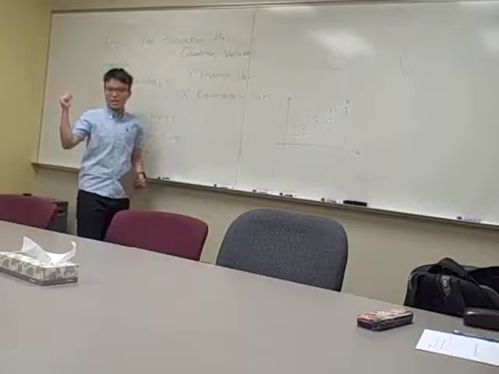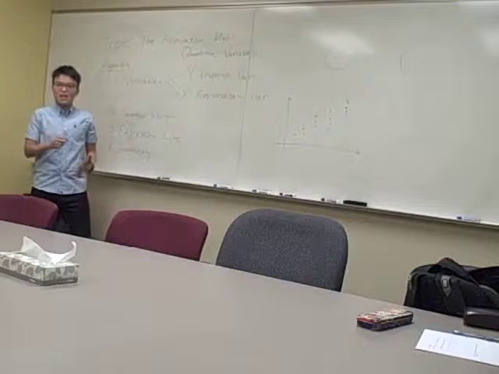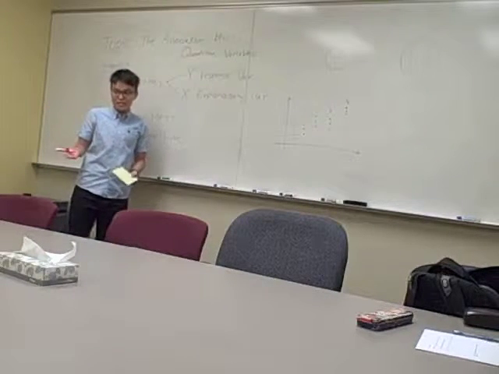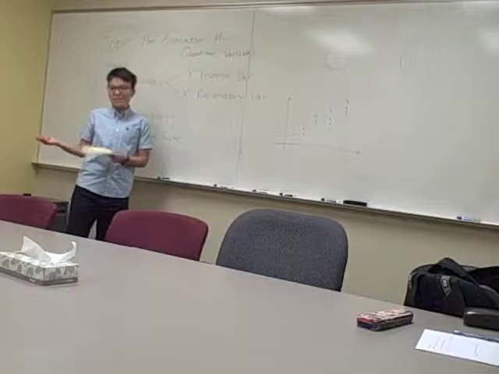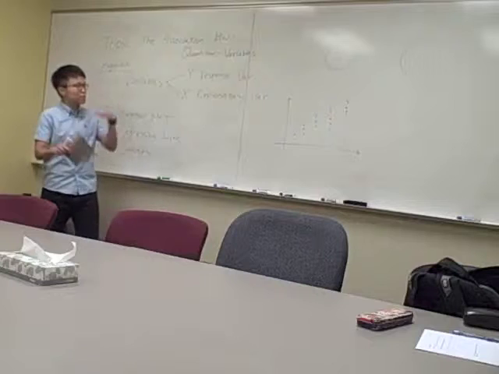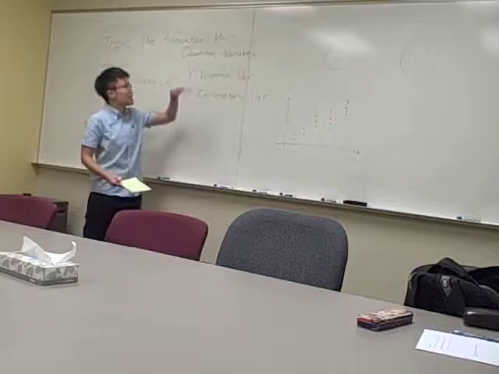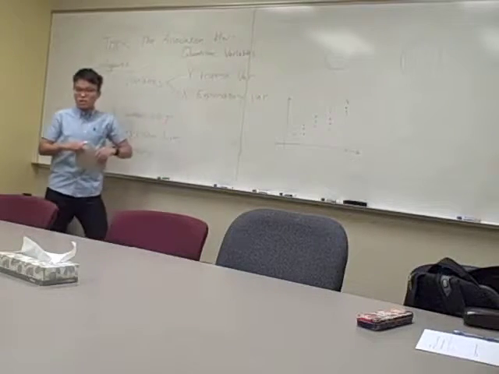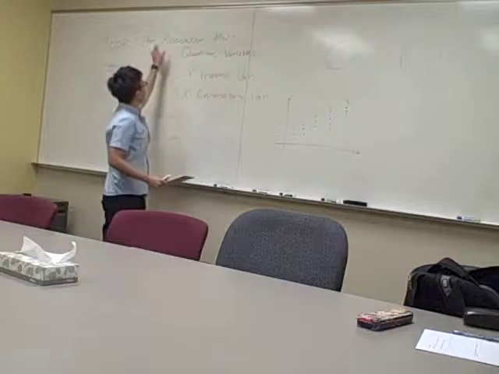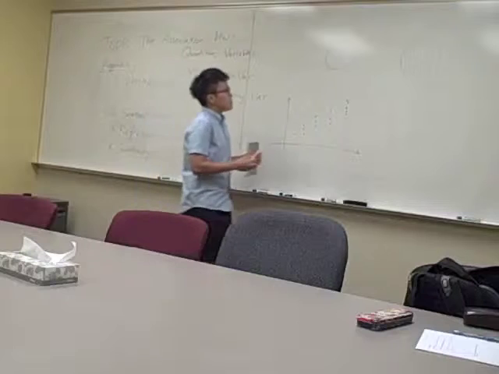Yeah, a variable that has numbers. For example, the height, the weight, the time, the grade, the score. We can use numbers to express the data; those are quantitative variables.